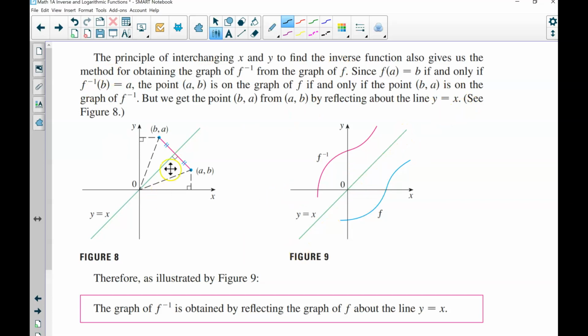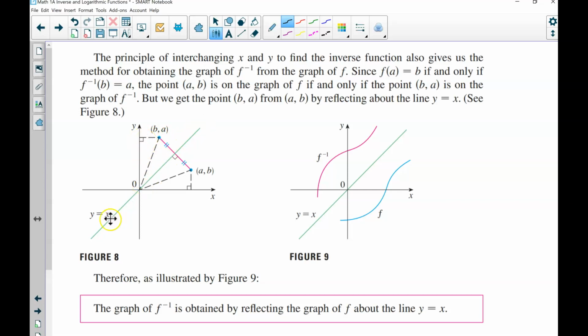So the line here in green represents y equals x. And you can see here that you're reflecting. So if this is the line here and this is a line here, and it has a point (a, b), you can see that this line forms a perpendicular here. And if you invert these 2 points, you would have this line here, which is (b, a), and again, here is your perpendicular.